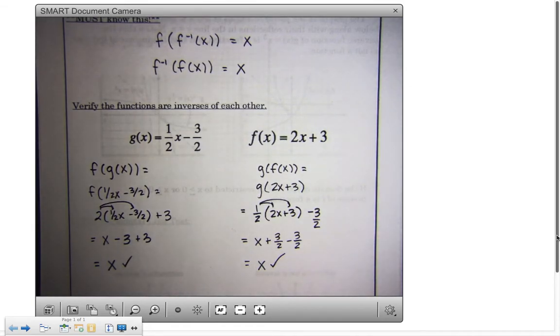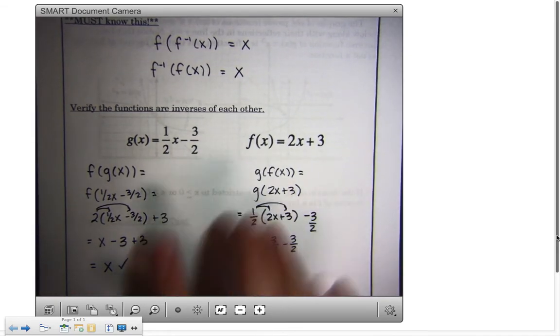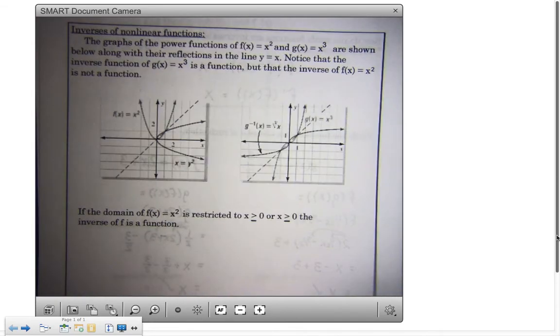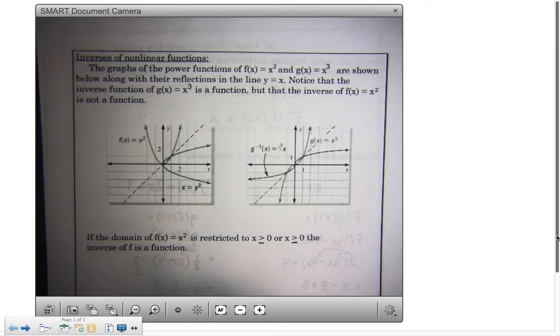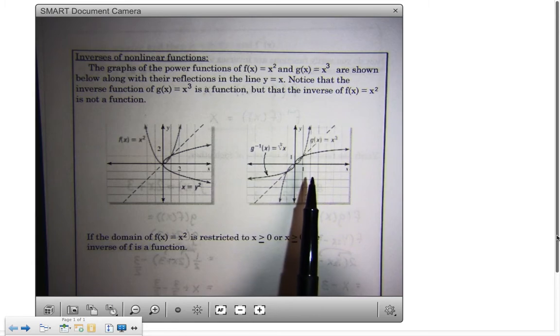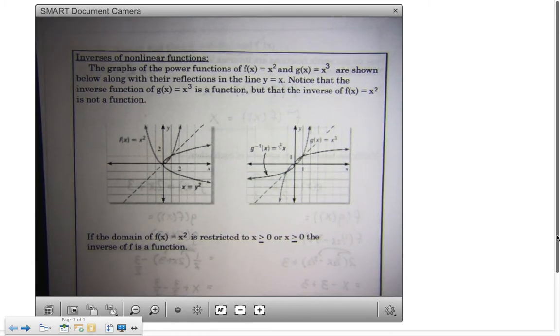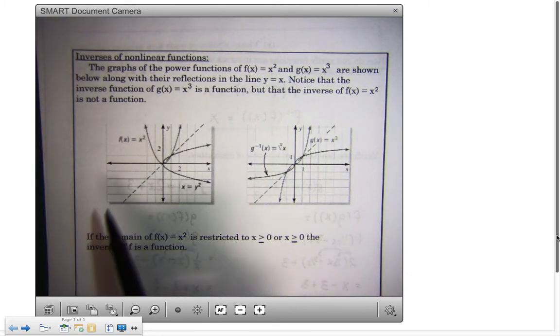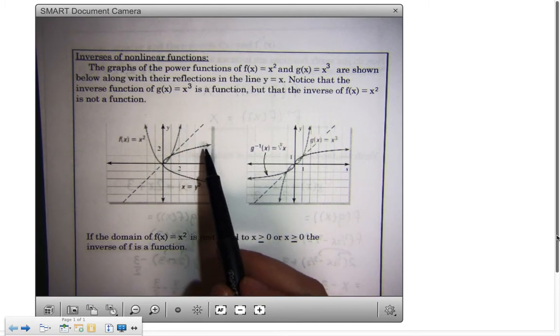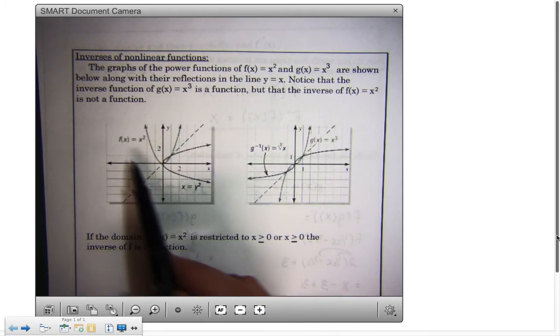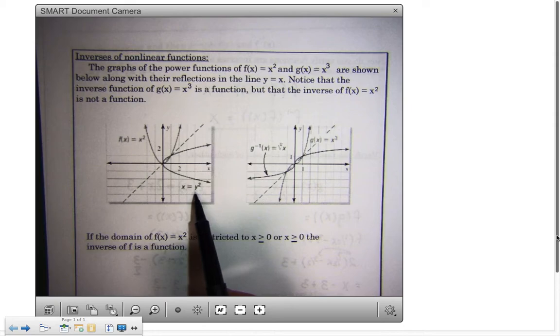All right, so far we've just looked at mostly lines. So what happens if we look at inverses of nonlinear functions? So maybe of a quadratic or of a cubic. On the left, you've got the graph of the parent function of a quadratic, y equals x squared, and it's also shown its inverse, x equals y squared. Notice y and x have been switched.